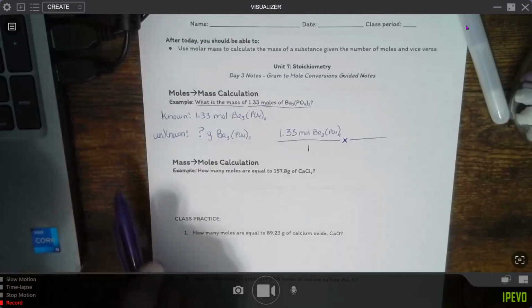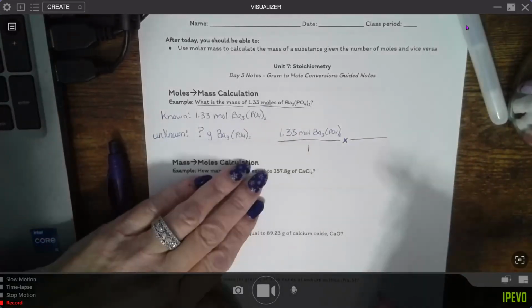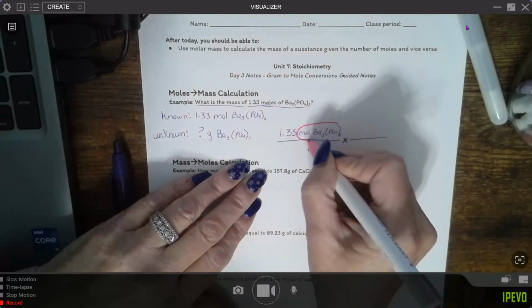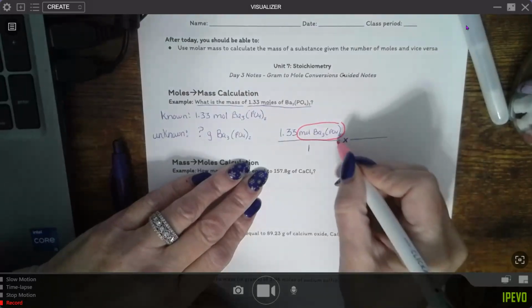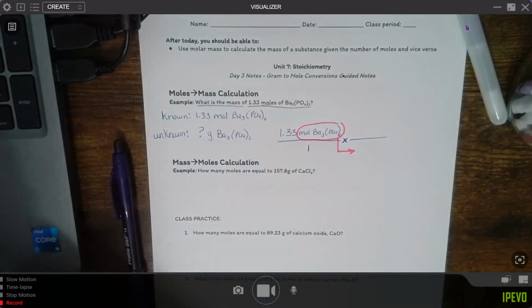What I want you to remember is that when you set up a problem like this, you're always going to look at the units. In this case, our units are moles of barium phosphate. Those are going to go down diagonally. Not the number.